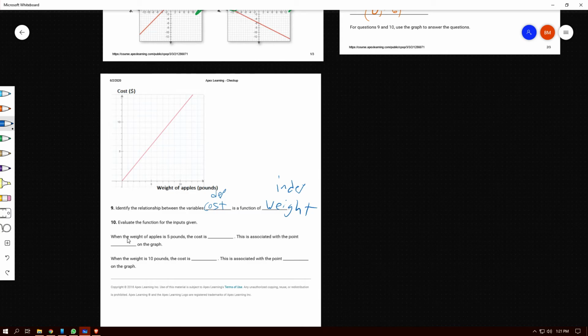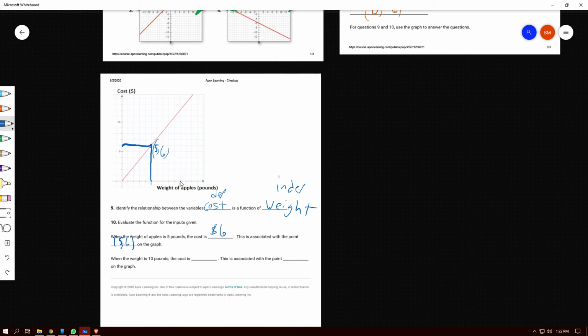Now, when the weight of apples is 5 pounds, the cost is, well, if I go here to 5 pounds, draw this up, well, that means the cost is over here. So that's going to be $6. This is associated with the point on the graph 5, 6. Right there is 5, 6.